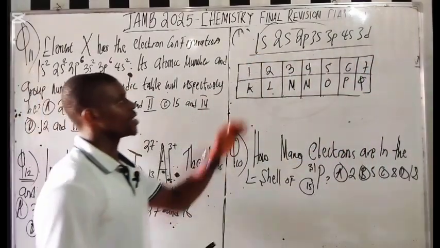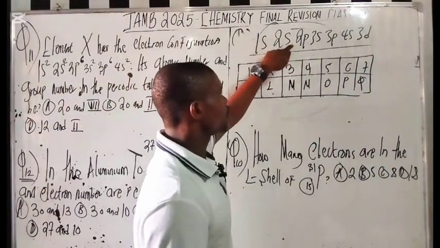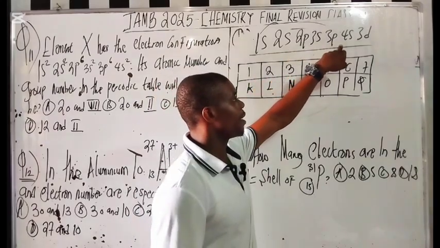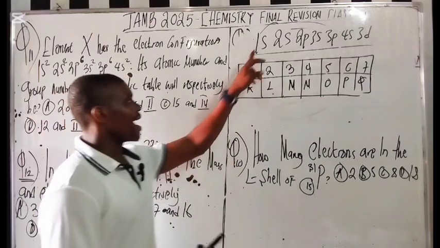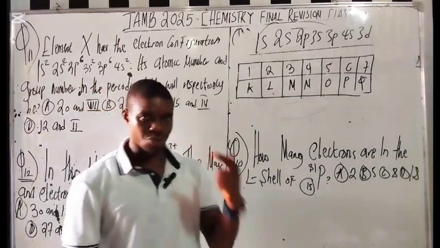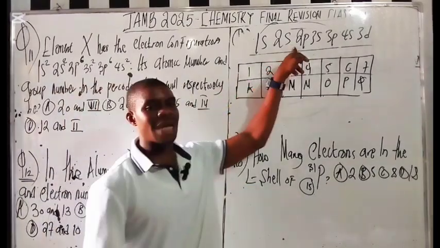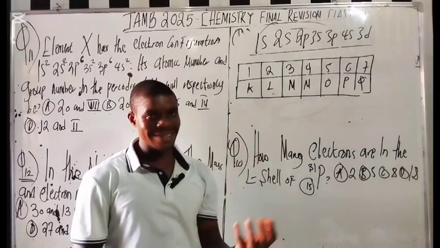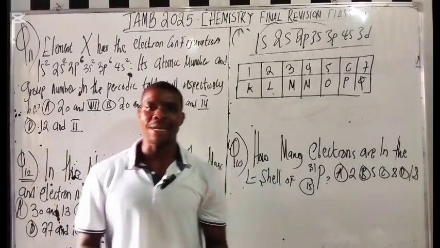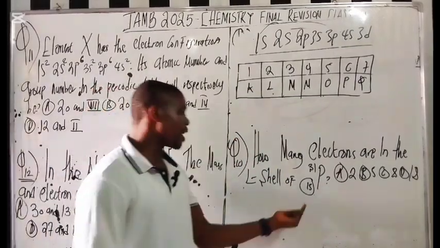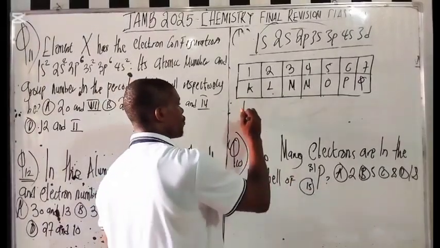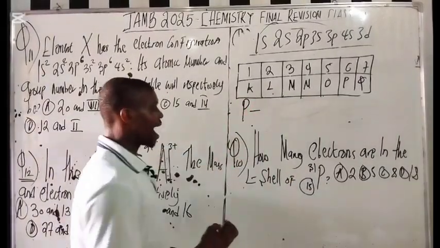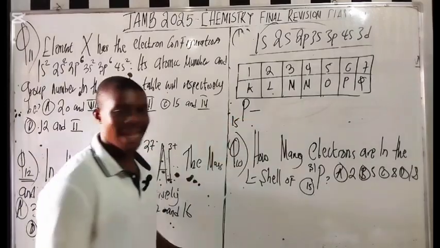Remember that s accommodates 2 electrons, p accommodates 6 electrons, and d accommodates 10 electrons. Here we have 15, right? So now let's write the electron configuration of the element that has 15 as its atomic number.